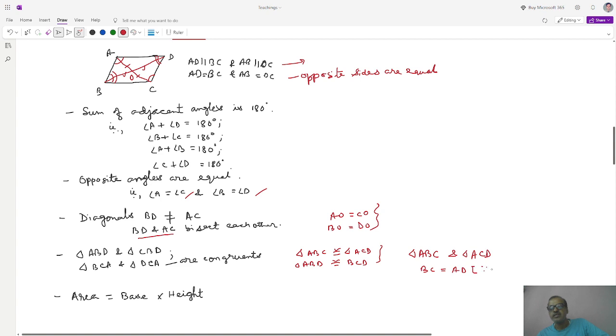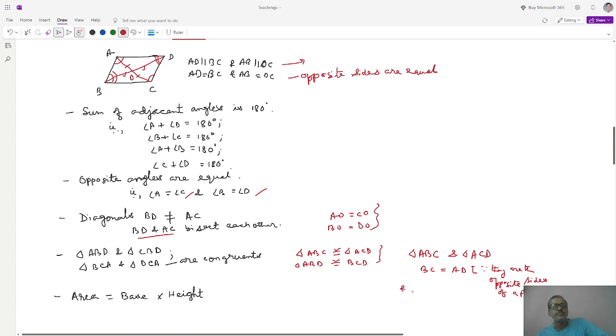Why? Since they are the opposite sides of a parallelogram.